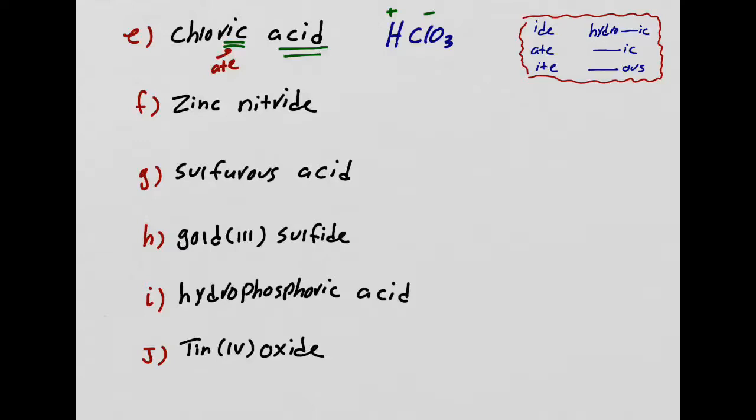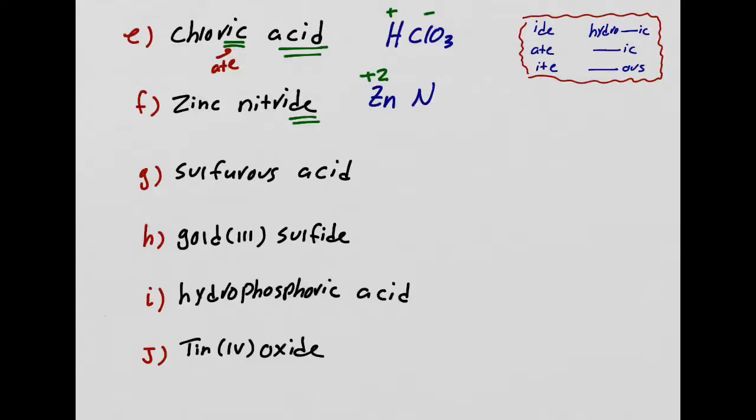Zinc nitride. Okay, help me out. Zinc is Zn and nitride. Again, if you are ending with ide, it's just from the periodic table. It would be nitrogen. Now remember, zinc is one of the only 2 transition metals that has a fixed charge. What's the charge of zinc? You have to know it is +2.